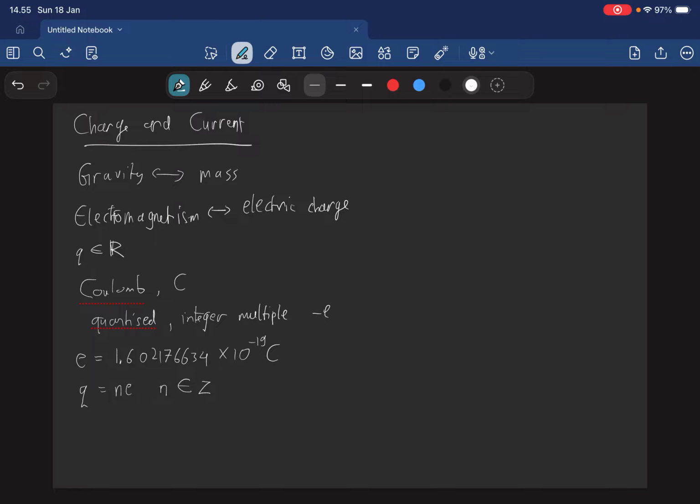Then electrons have charge -1, protons have charge +1, and a neutron has charge 0. Nonetheless, in this course, we will bow to convention and stick with SI units.